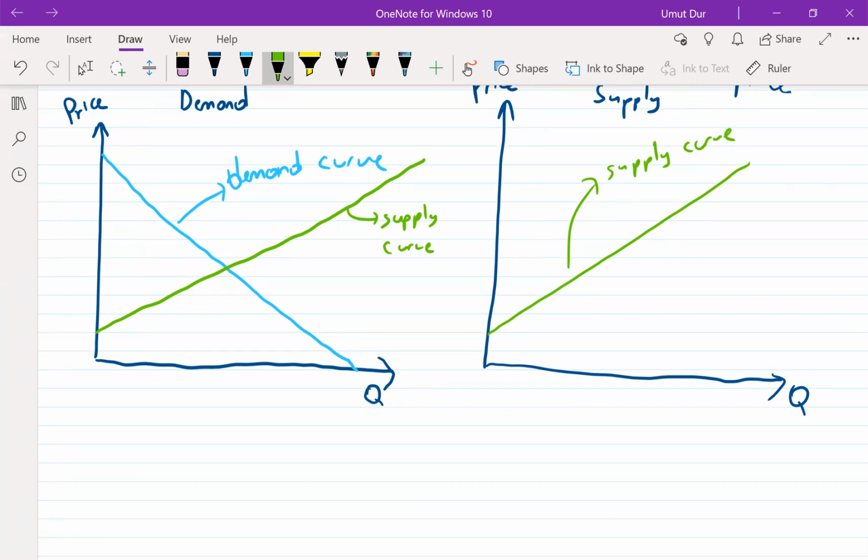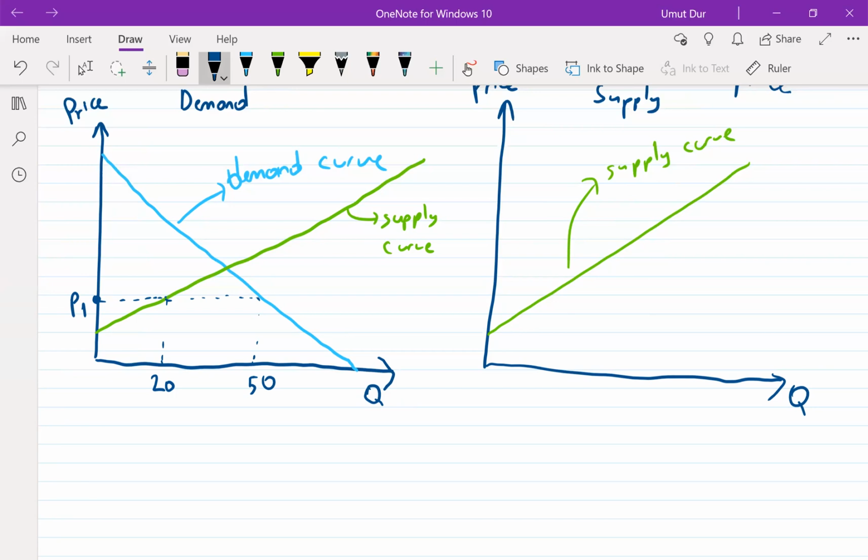Let's think about the following level, say P1. How many units are supplied at P1? Let's say this is 20. And how many units are demanded at P1? Let's say it is 50.